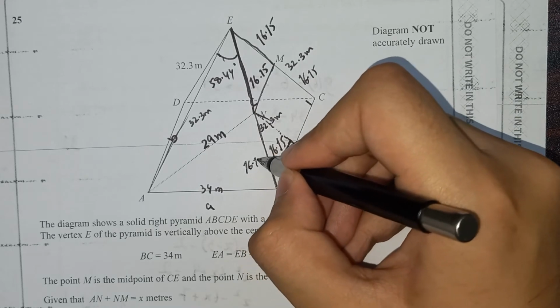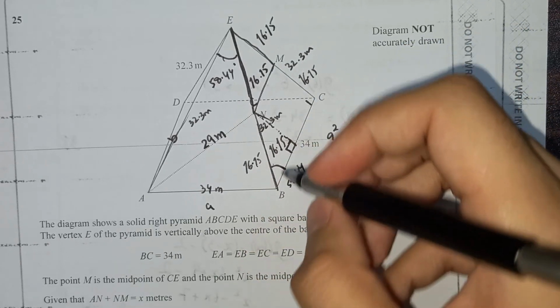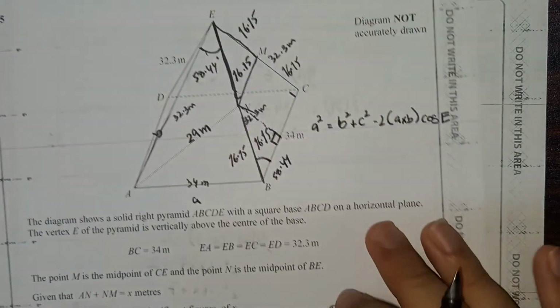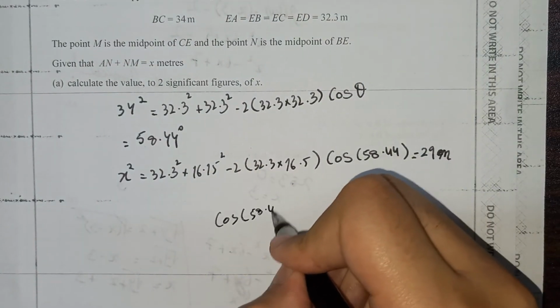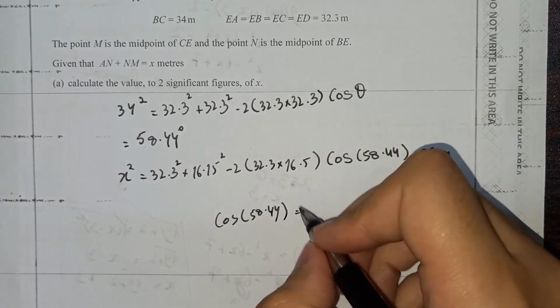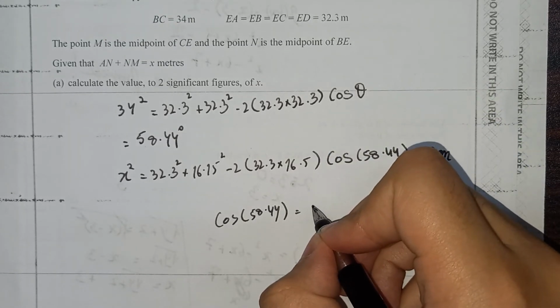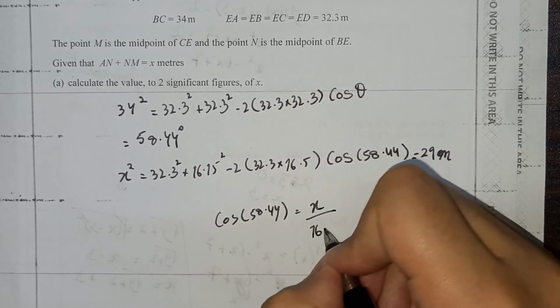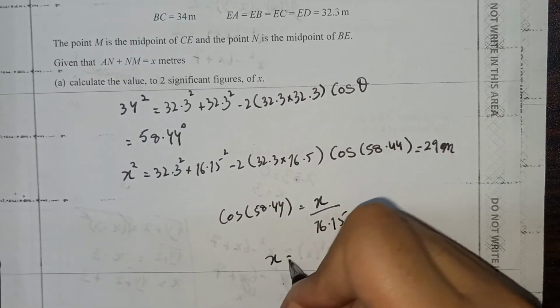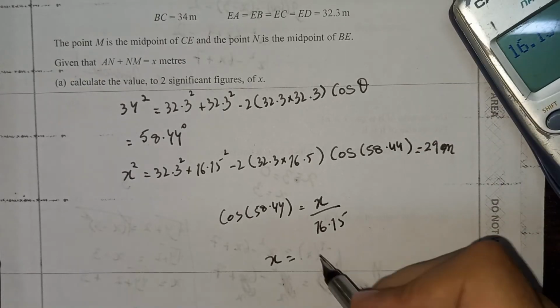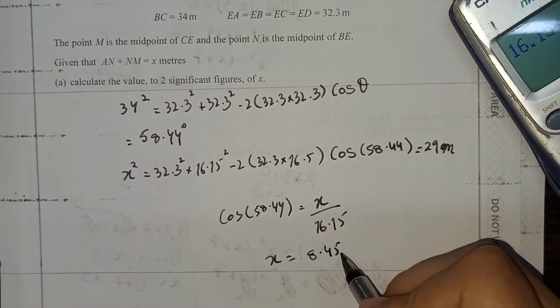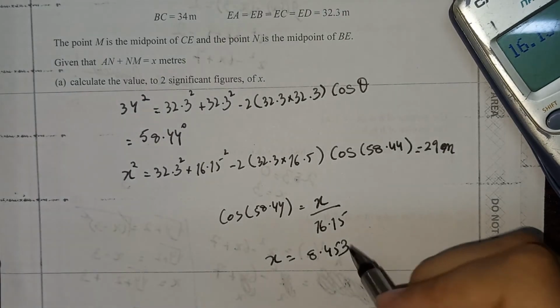The hypotenuse is 16.15 as we calculated before. Cos of 58.44 equals the unknown adjacent over the hypotenuse. That gives us 16.15 times cos 58.44, which is 8.453 meters.